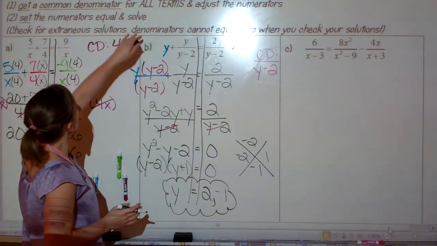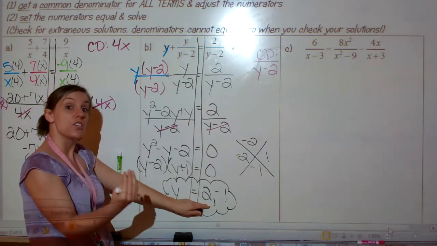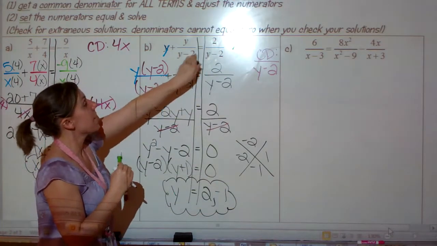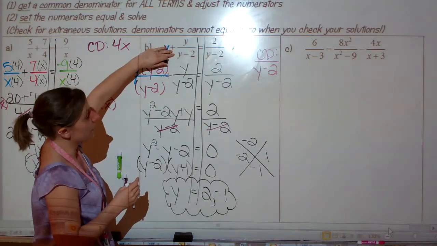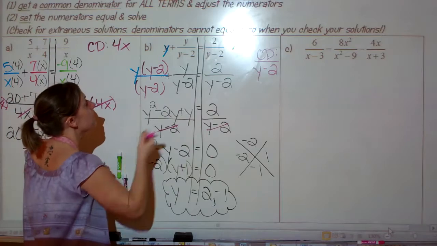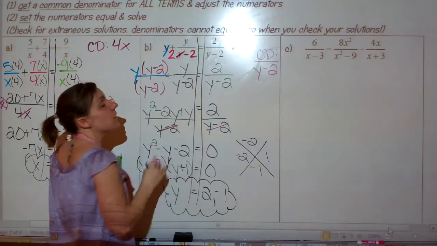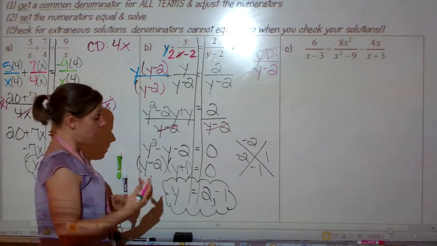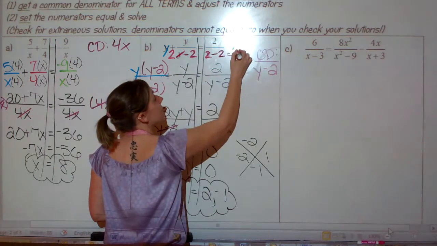Alright, and just like I talked about over here, we want to make sure that a 2 or a negative 1 does not make this a 0. Okay? So if we were to put a 2 in right there, what would 2 minus 2 be? Uh-oh, that gives us a problem. That would be a 0. 2 minus 2 would be a 0.